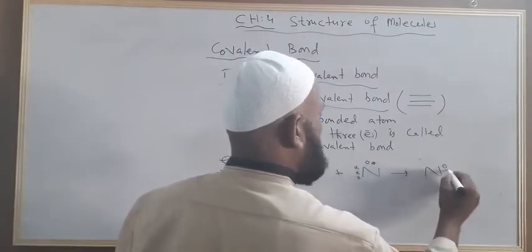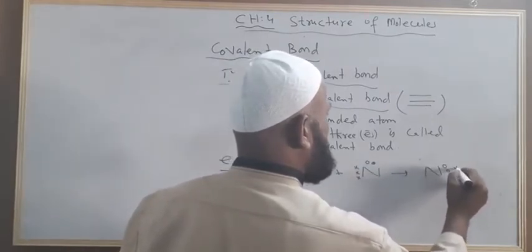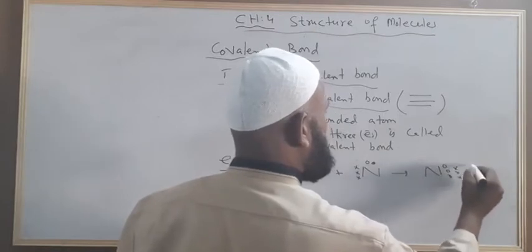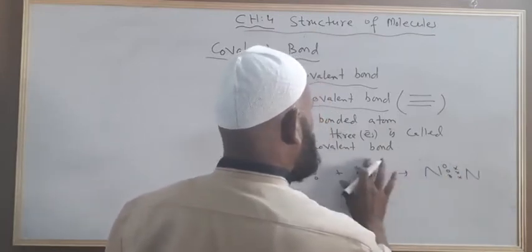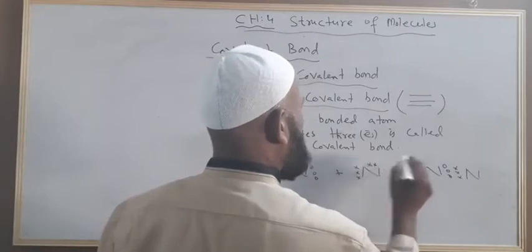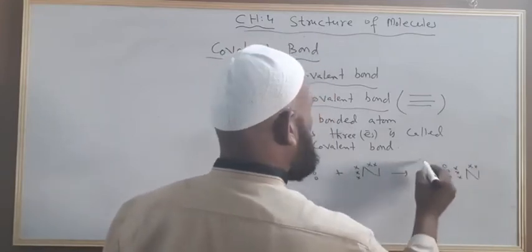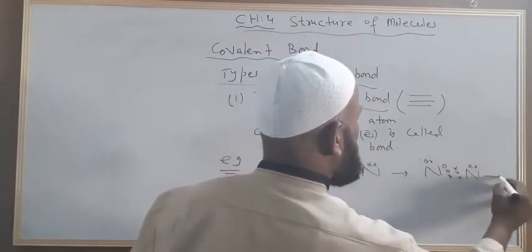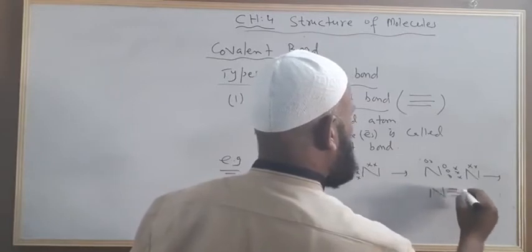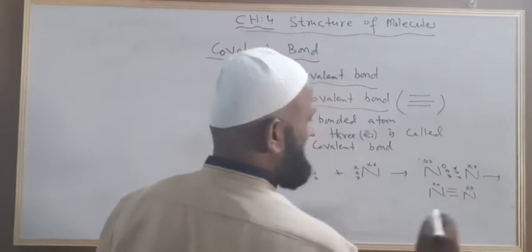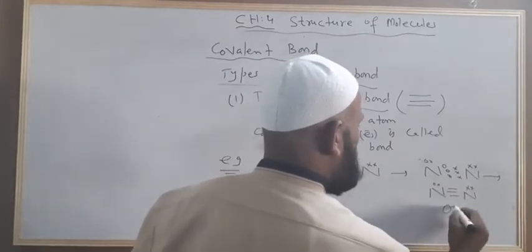In this way you can write. These are actually the representation of valence electrons of a molecule, or N2.